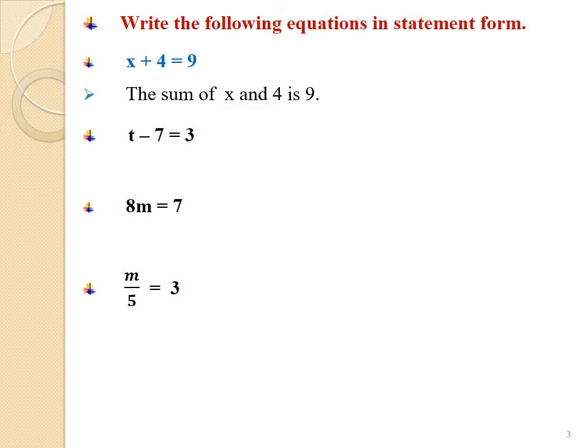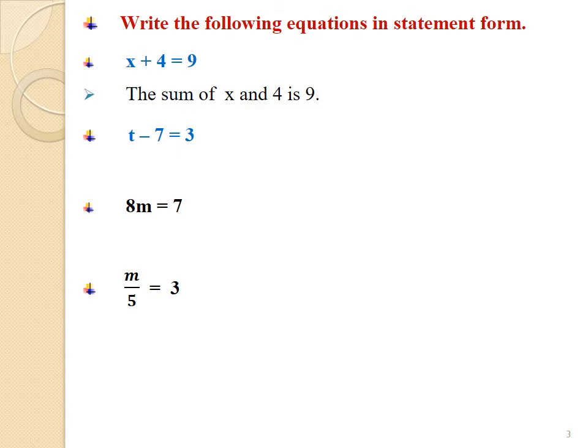Now, sum number 2. T minus 7 equals to 3. Students, in this equation, minus sign is given. So, we have to write the word subtracted. So, now, let us write the statement for this equation using the word subtracted.